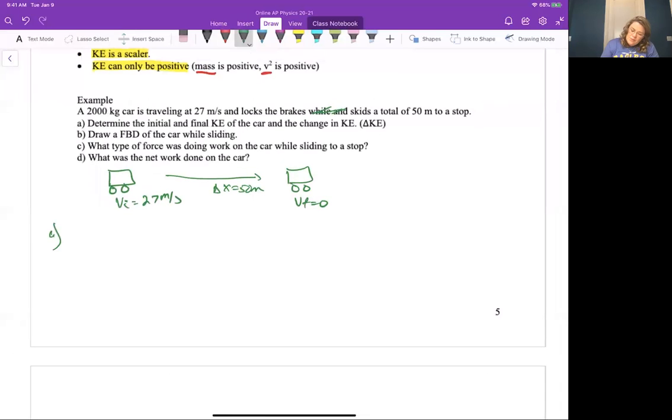A, determine the initial and final kinetic energy of the car. Okay, so we will have kinetic energy initial, which is equal to 1/2 m v initial squared. We have to be careful of our subscripts. So that is equal to 1/2 times 2,000 kilograms times the initial velocity, 27 meters per second, squared, and we will find that to be 729,000 joules.